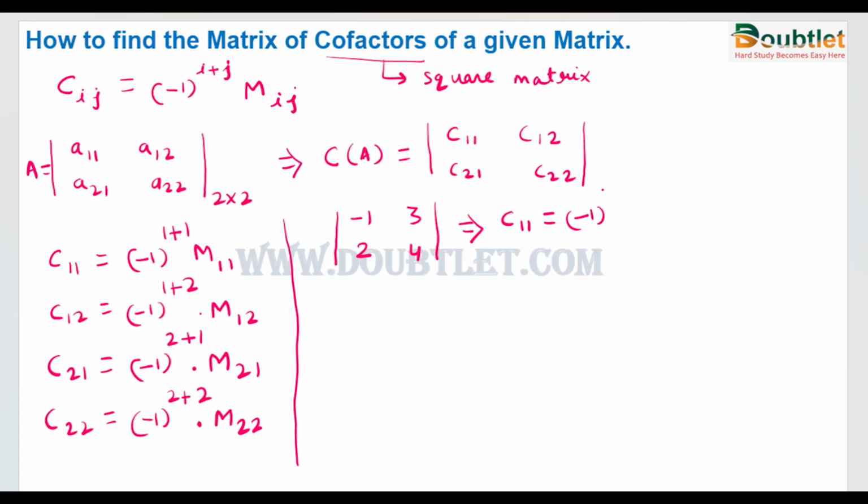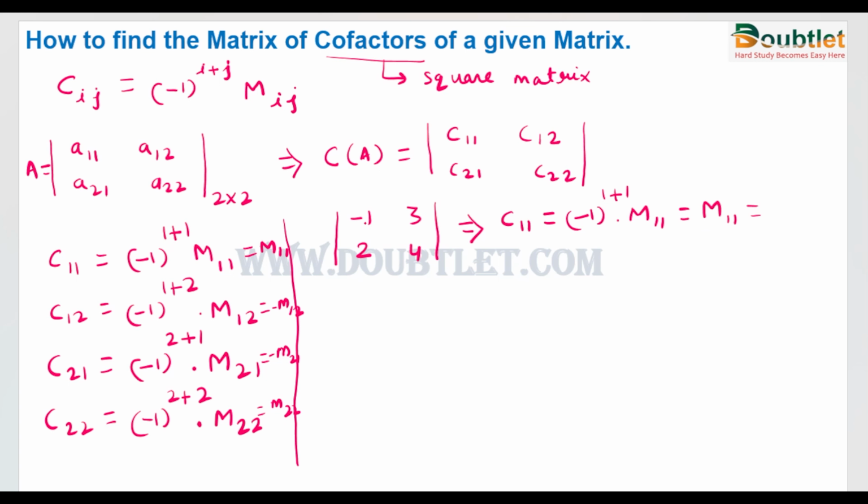Basically we need to do minus 1 to the power 1 plus 1 multiplied by M11, the minor. Minus 1 to the power 2 becomes positive, so we can write this as M11. Similarly, this will become minus M12, this will become minus M21 and this will become M22.